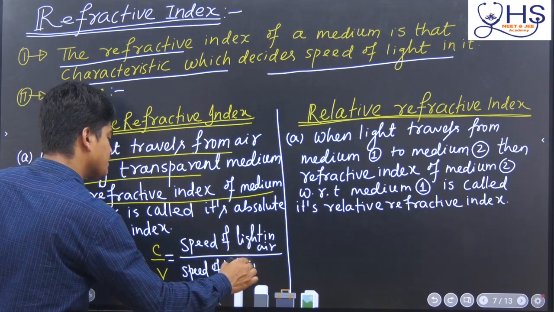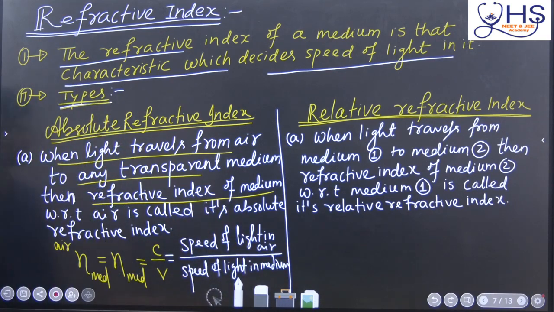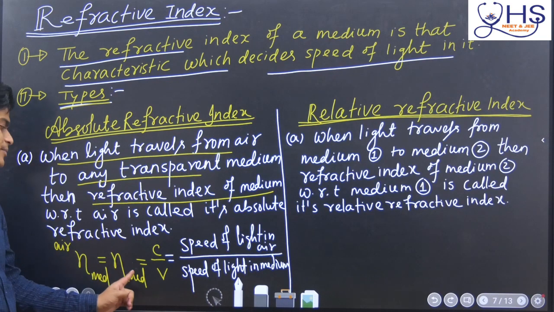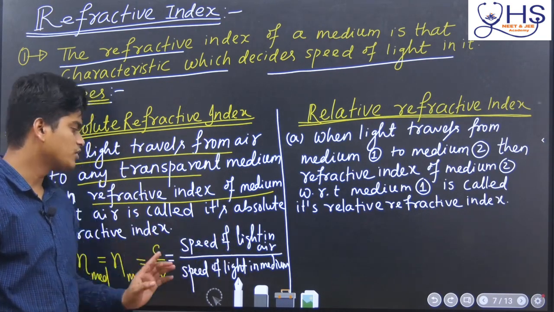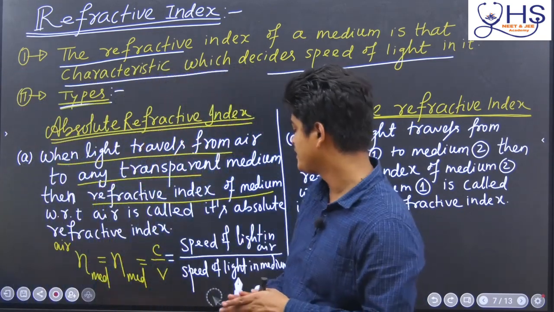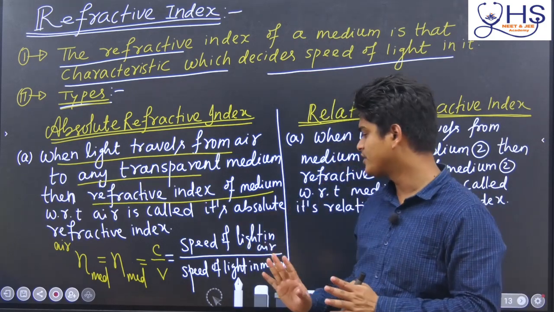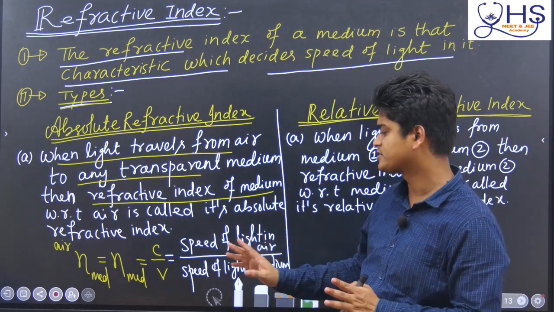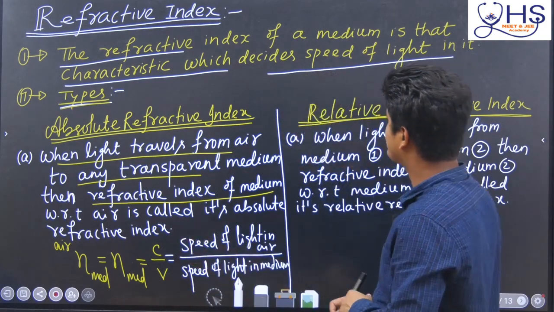This is your absolute refractive index. So when light is coming from air to a medium, it is C by V. Remember the speed of light in vacuum is 3 into 10 to the power 8 meter per second, and in air it is the same, with only a little variation that you can ignore. And V is the speed of light in any medium. So this is the idea.